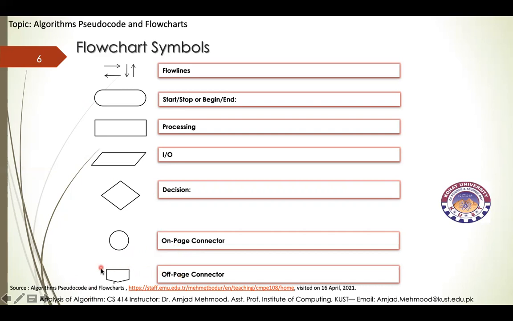And this connector symbol is used for showing the algorithm on another page. So this is the connection on the same page, and this is a connection on the other page.